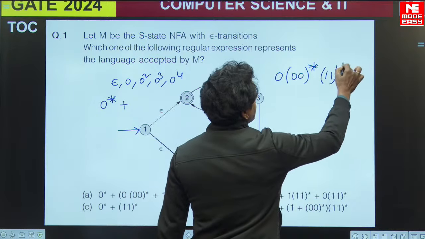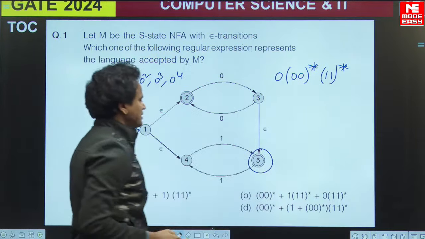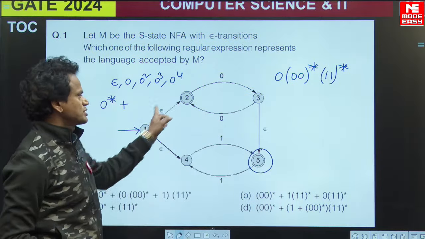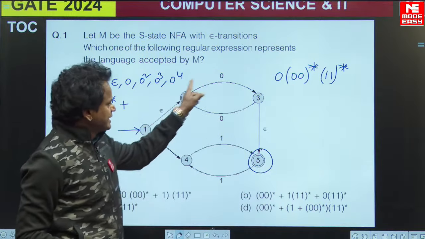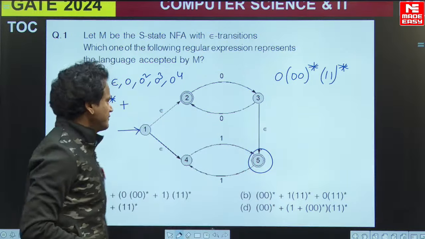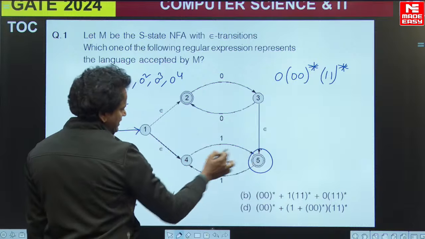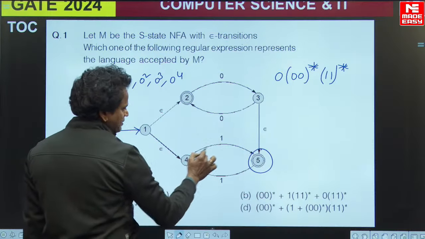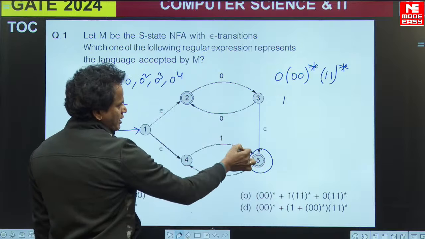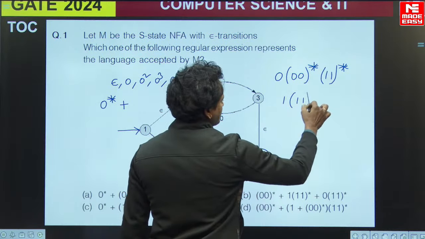So this is also one expression for the strings accepted by this machine. One is 0 star. Other one is it can go to the final state, then it can take any number of 1 1. Otherwise we can go this way to this final state. How? This is epsilon then 1. After that 1 1 1 1, it is any combination of 1 1.